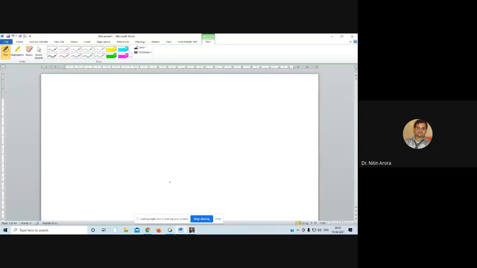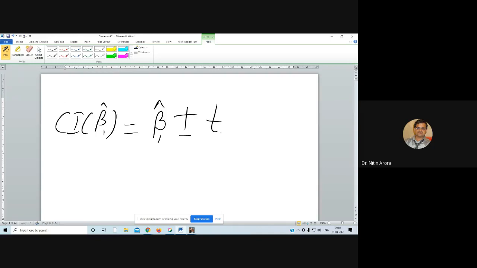I hope you remember the formula for how to construct a confidence bound. Suppose I want to construct the confidence interval for beta 1 cap. Hope you remember the model that we were doing in the last lecture: yi is equal to beta naught plus beta 1 x1 plus beta 2 x2 plus beta 3 x3 plus ui. To construct the confidence interval for beta 1 cap, I can write it as beta 1 cap plus minus t 0.05 with v equal to n minus k degrees of freedom, times the standard error of beta 1 cap.